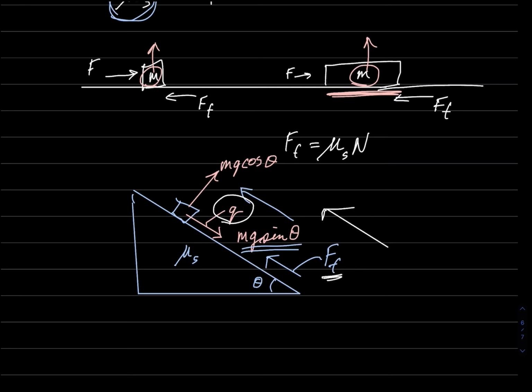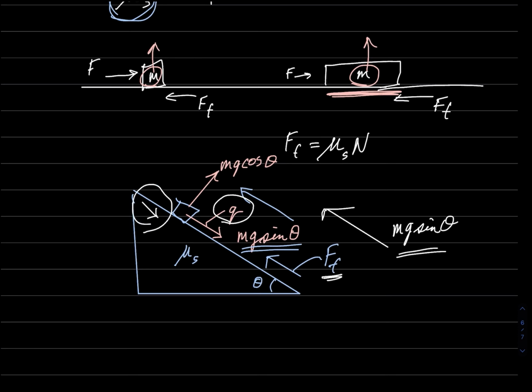If we apply a force offsetting gravity, then the forces are balanced, and the mass stays put, and there is no friction force. But then once we increase our applied force beyond here, then our force has overcome gravity and is trying to push the block up the wedge, and now friction will develop a force in this direction to oppose us.